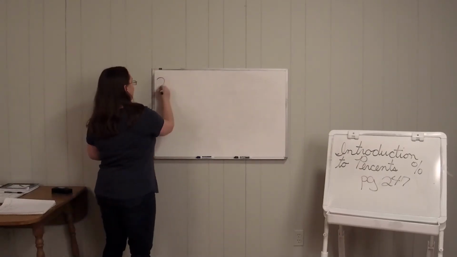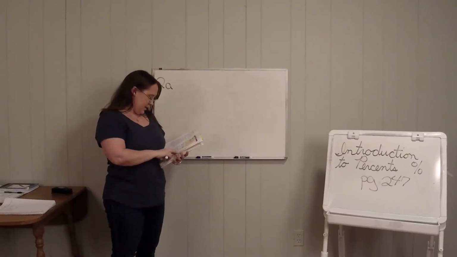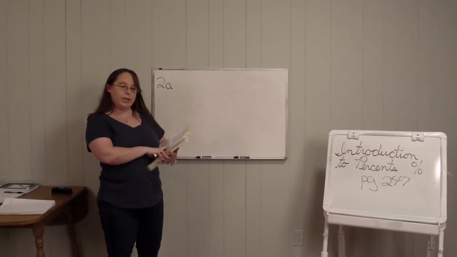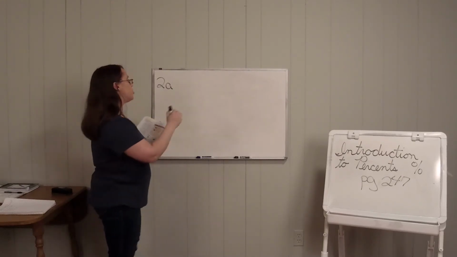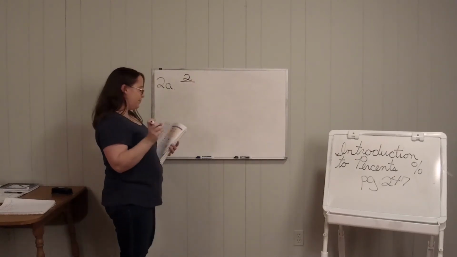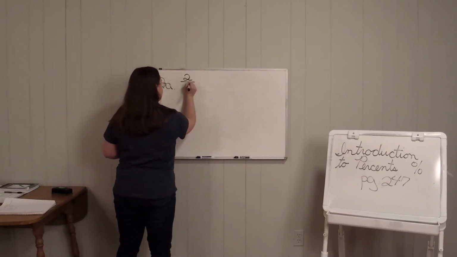Okay, you're on 2A. Of the blue part, how many are blue? There are 2 blue. How many are not blue? It would be 5.